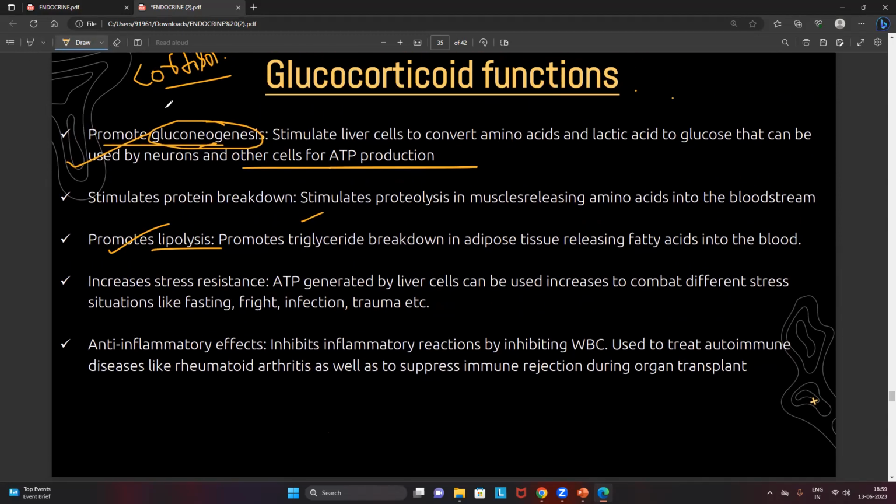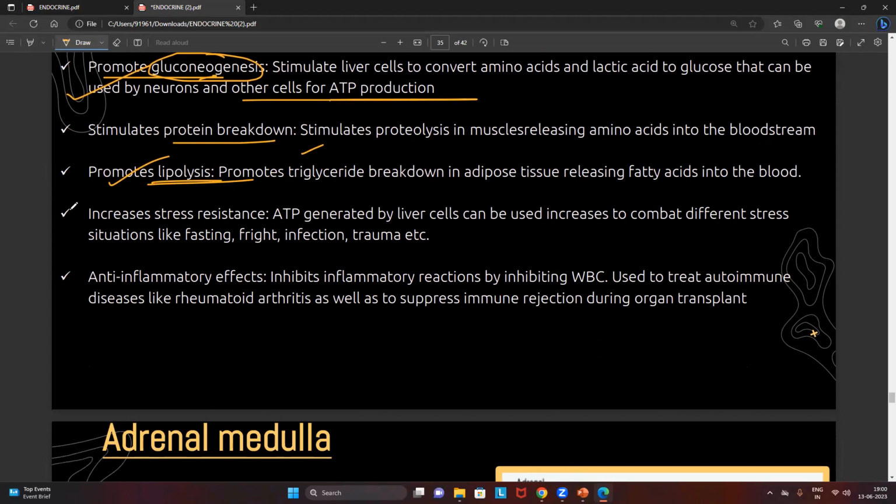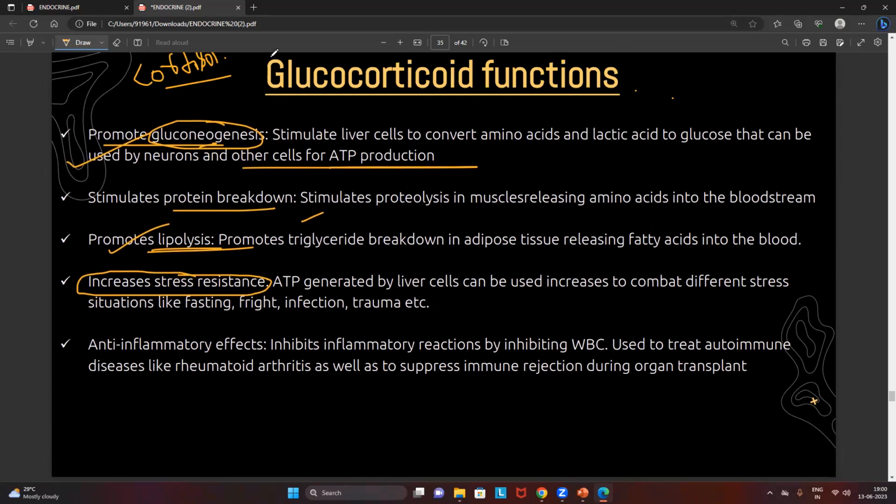Not only that, cortisol is not only involved in protein breakdown and lipid breakdown; a very important point is that it is involved in increasing the stress resistance. Such an important statement it is. Friends, let me tell you one very good question here.